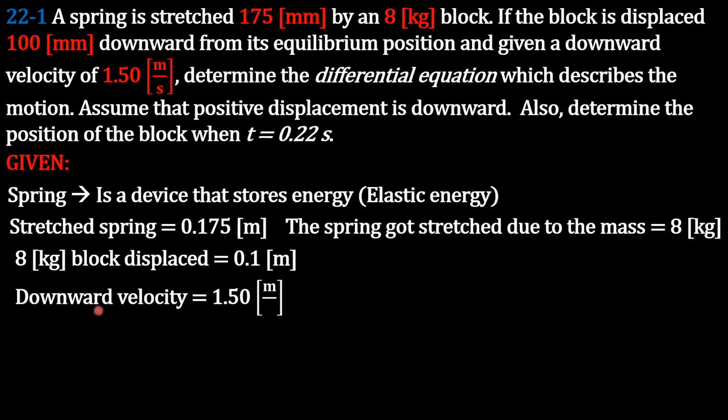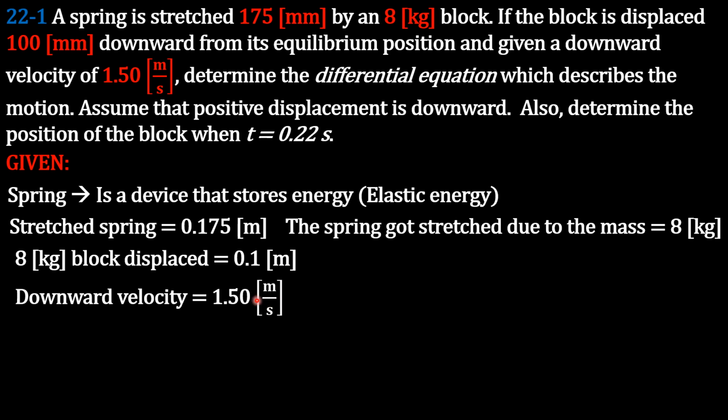And here we said that while we are displacing the block 0.1 meter, the block attained or reached a velocity of 1.5 meter per second. These two situations, 0.1 meter below the equilibrium and 1.5 meter per second, are called your initial conditions.